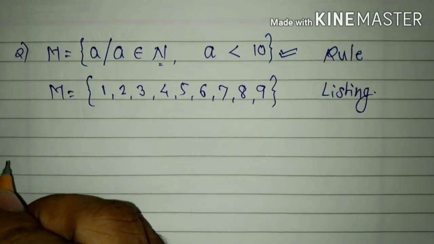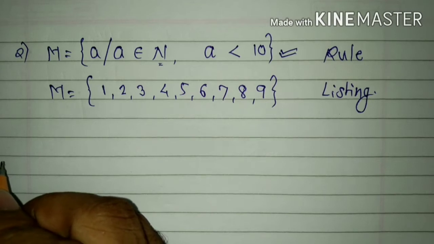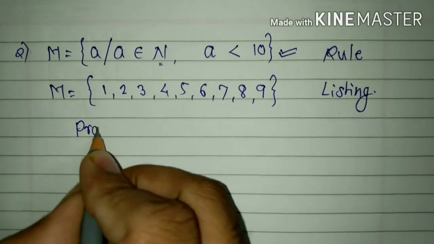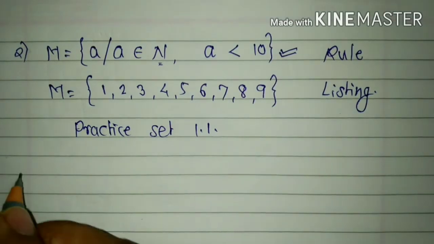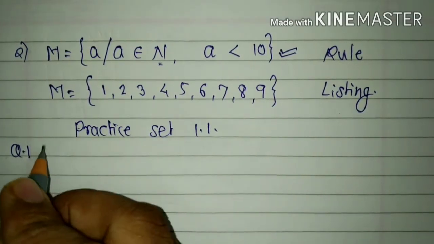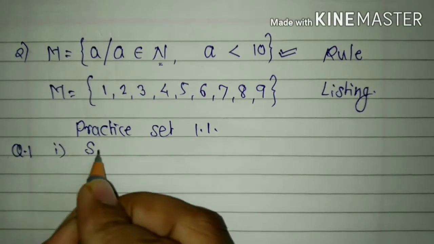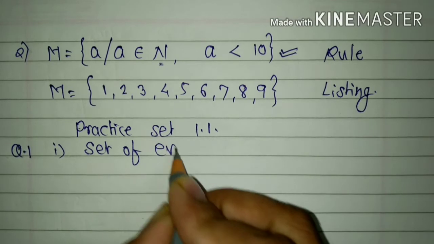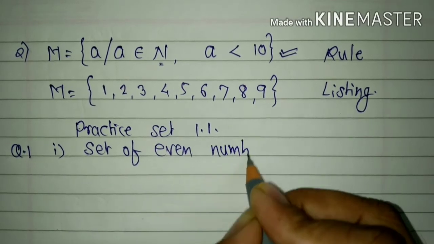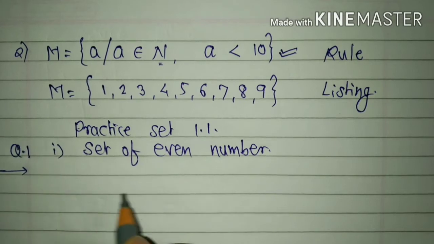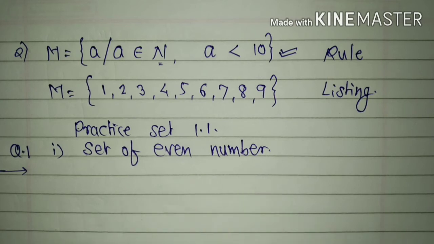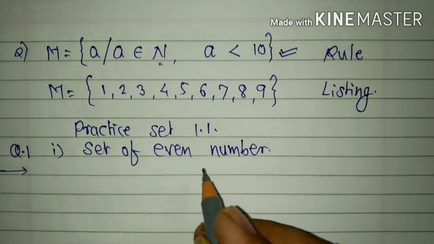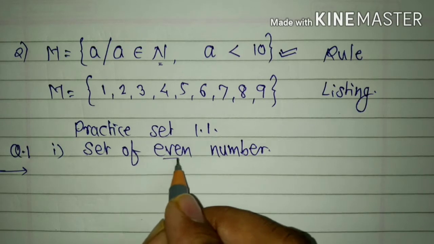Let us see some examples from Practice Set 1.1. I am taking question number 1, and the first one is the set of even numbers. The question is: write the following sets in roster form. We have to write in the roster form or the list form. Given the set of even numbers, I must know what we mean by even numbers.